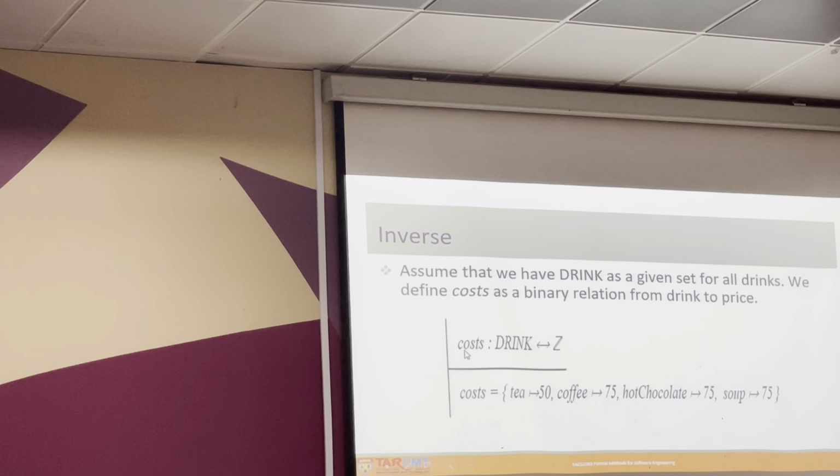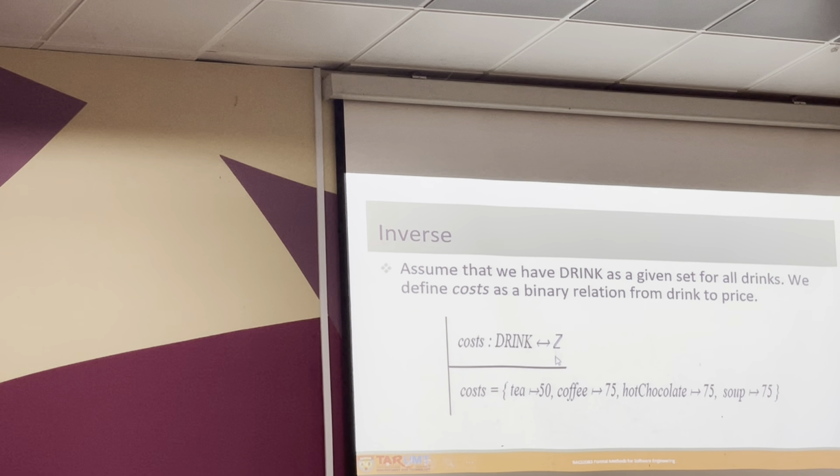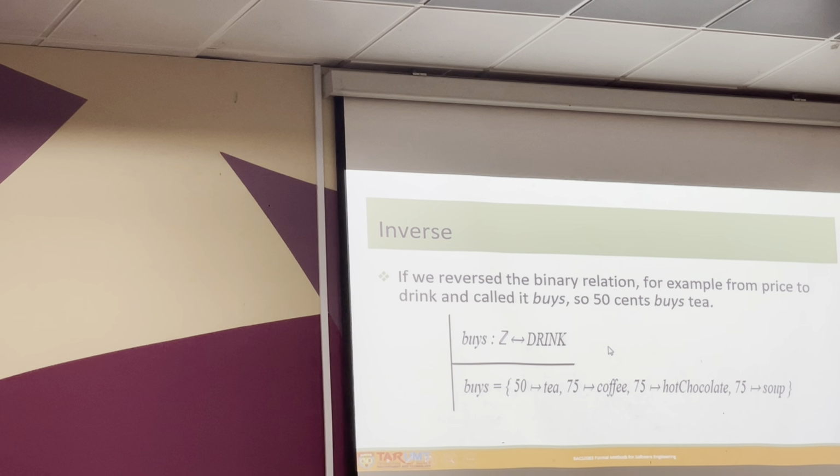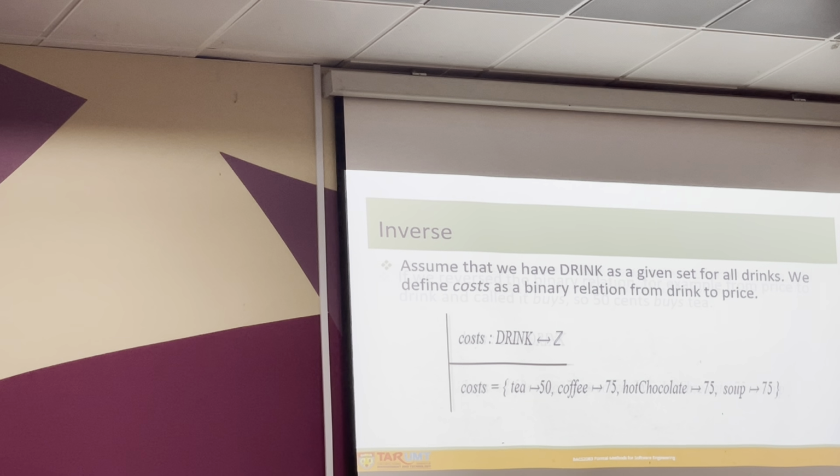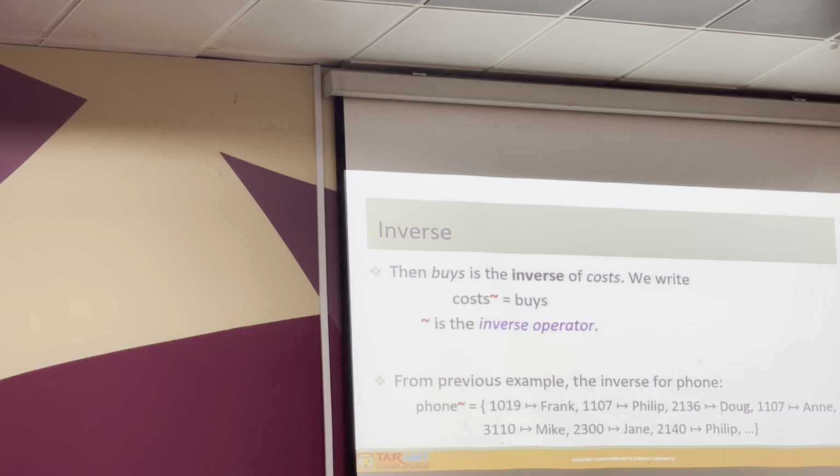If let's say you have cost here drink to Z, and these are the sample of data. So if you want to talk about buys here, Z to drink, means the other way around. So if you want to show the relationship between cost and buys here, you can use something like this. Inverse. So the inverse is the tilde symbol. Okay, tilde symbol. So that is the inverse symbol.